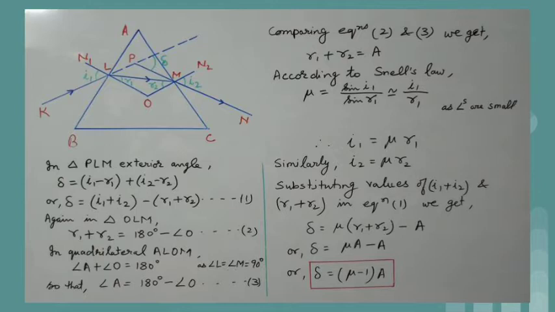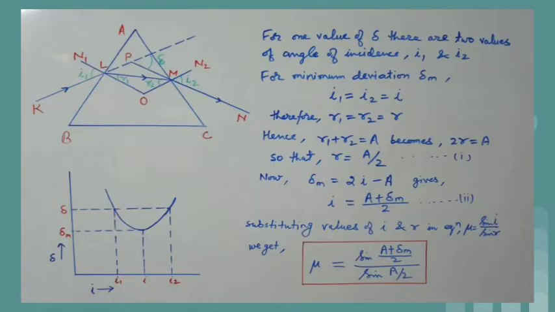This is an important relation which indicates that the angle of deviation in a prism depends on angle of prism, angle of incidence, and nature of material of the prism. It is a fact that when I increases, delta decreases and reaches a minimum value, after which it again increases with increase in angle of incidence.